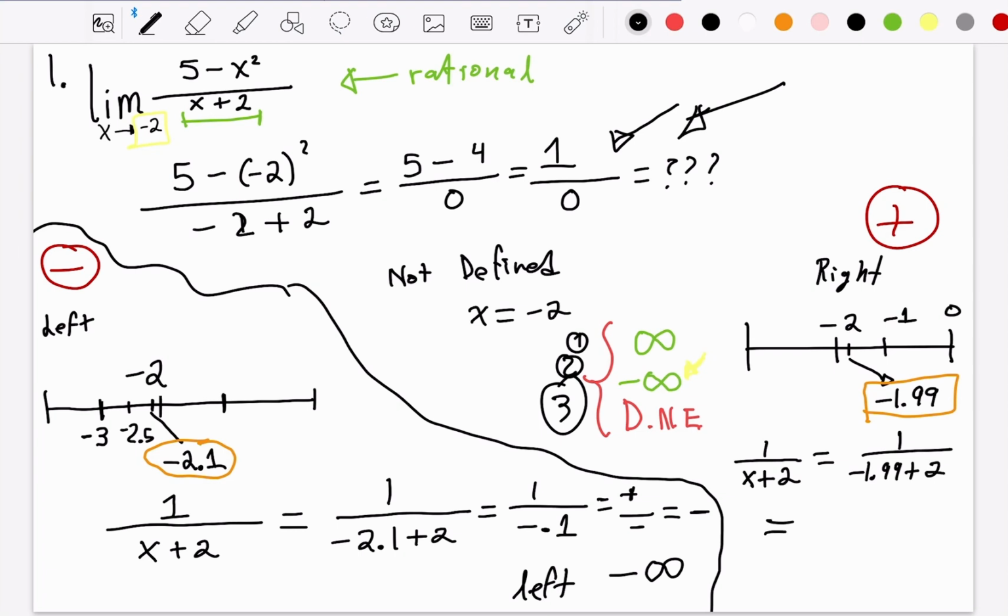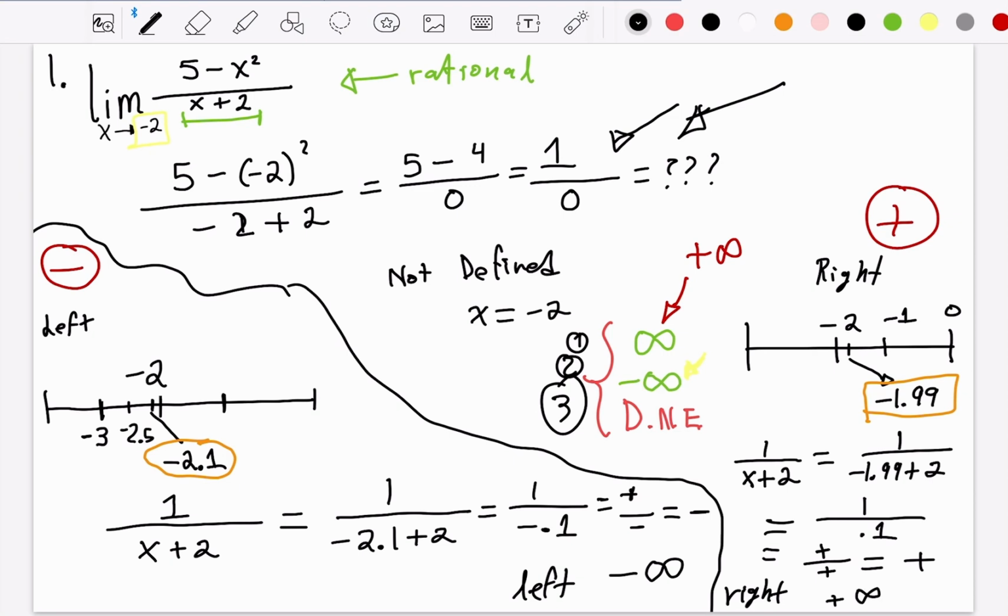Okay, and what is this? -1.99 plus 2 is something like 0.1, right? It doesn't matter to be exact. All I care about here actually is the signs. Here in the numerator, I have a positive number, and in the denominator, I also have a positive number. Positive over positive is positive. So from the right side, this positive is telling me that I am approaching positive infinity.